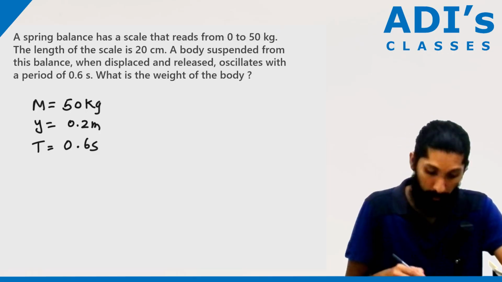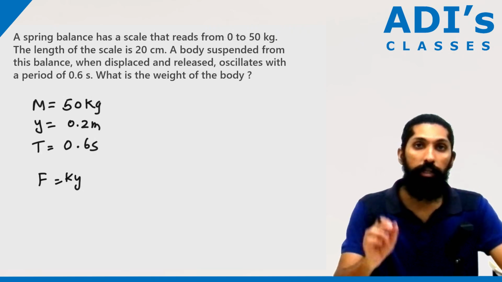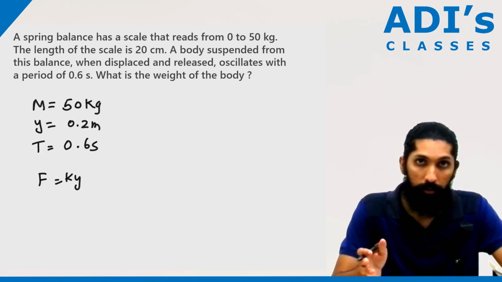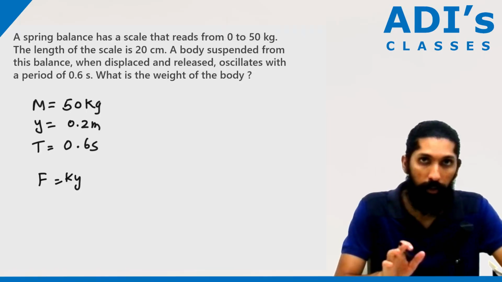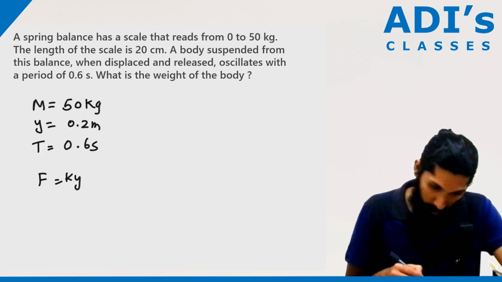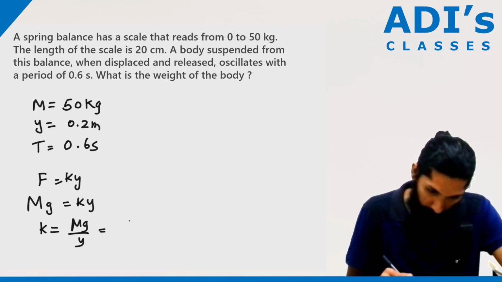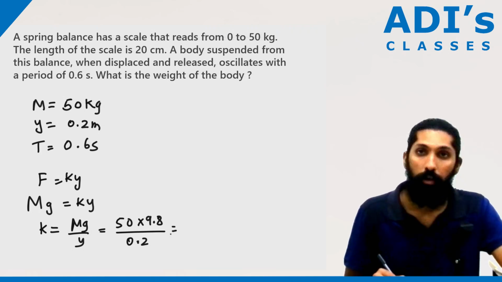Now, restoring force F is equal to K into Y, because you need the weight. Weight is mg, correct? So we have to calculate the value of m basically. Now F is equal to Ky, so mg is equal to K into Y. So K is equal to mg divided by Y. If you substitute, you get 50 into 9.8 divided by Y, which is 0.2.